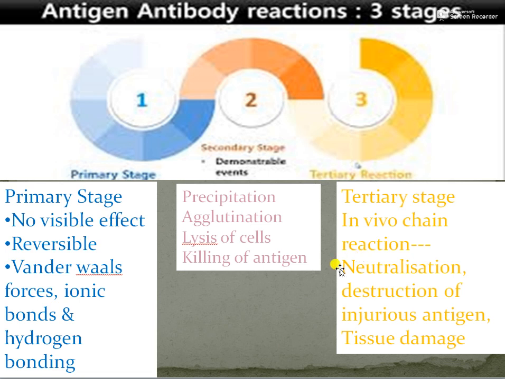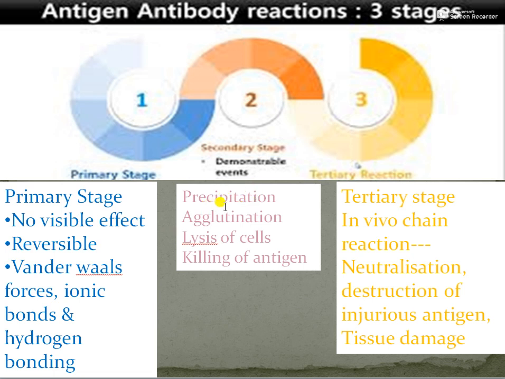And the visible effects can be divided into a primary stage, a secondary stage, and a tertiary stage. In the primary stage, if the reaction is happening, you might not find any visible effect, and it is reversible because forces such as van der Waals forces, ionic bonds, and hydrogen bonds are involved. In the second stage, you will find demonstrable events.